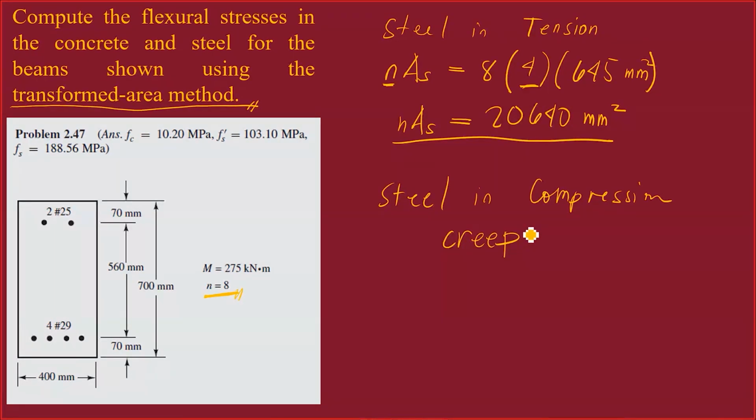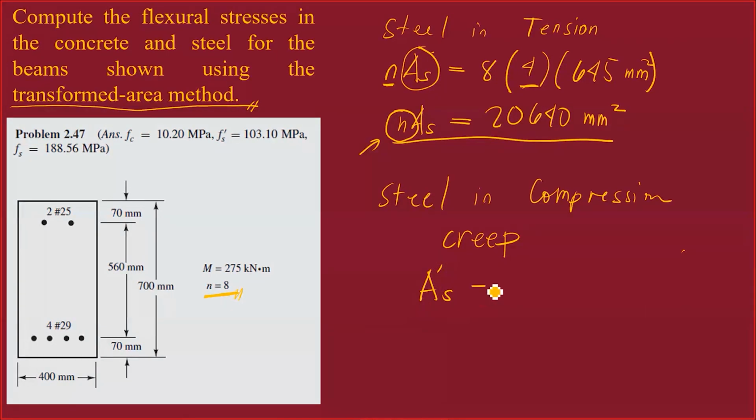Because of the effect of creep, which you can look up on your own, instead of multiplying the area of steel by n, we multiply it by 2n. So 2n multiplied by AS prime. Take note of the prime: when you see a prime, it denotes compression. When there is no prime, it means tension.